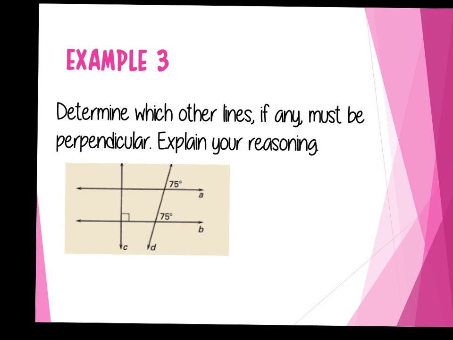Yes. So if I'm going to do this in a proof, I would obviously state the given perpendicular, that they're both 75. But then I could say that A is parallel to B, and that's the converse of the corresponding angles postulate. If two corresponding angles are congruent, then the lines are parallel.